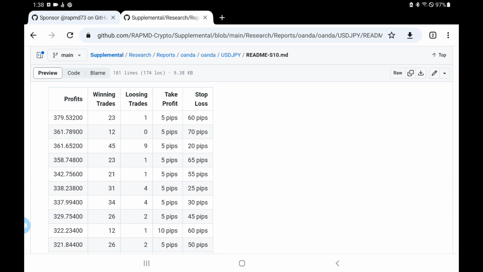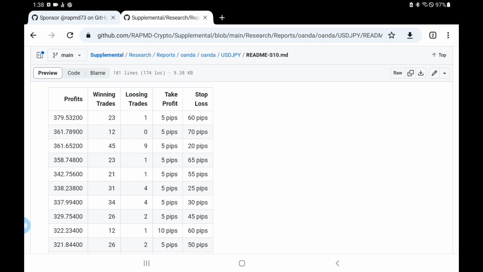And all of that data is available here on this repository, which we will talk about more as well. So we see this short-term table. 379, 5 pips, 60 pips. That's not bad. That's really nice.